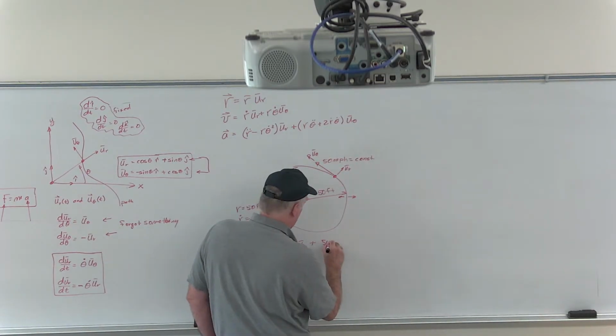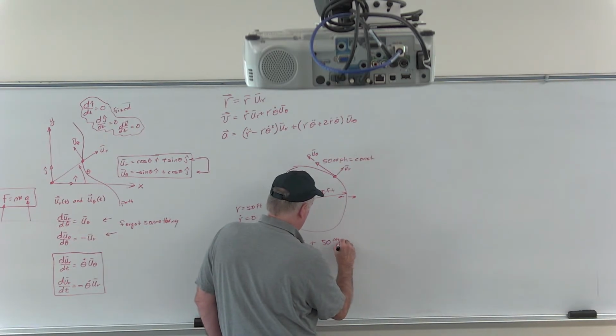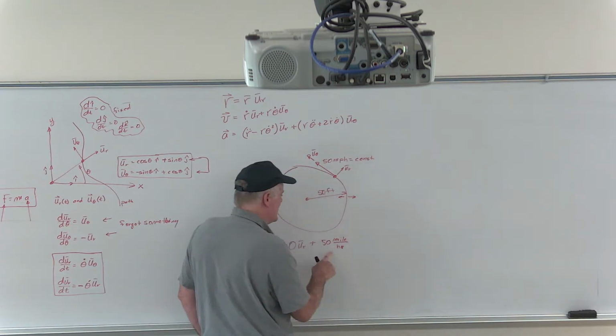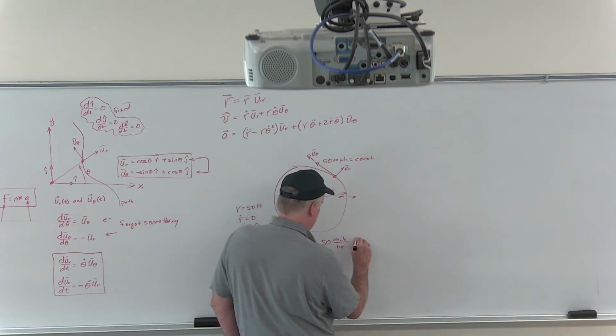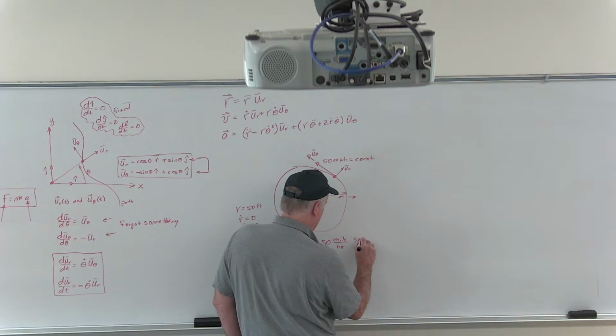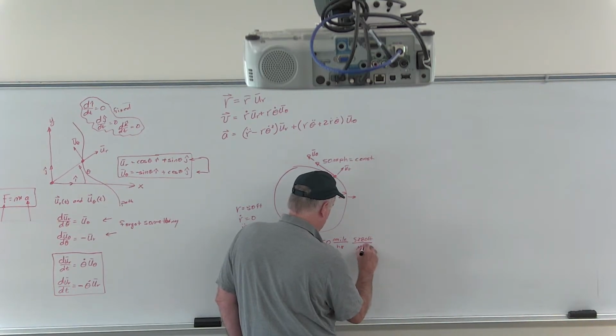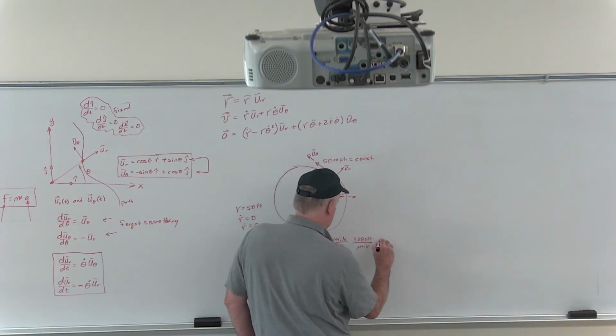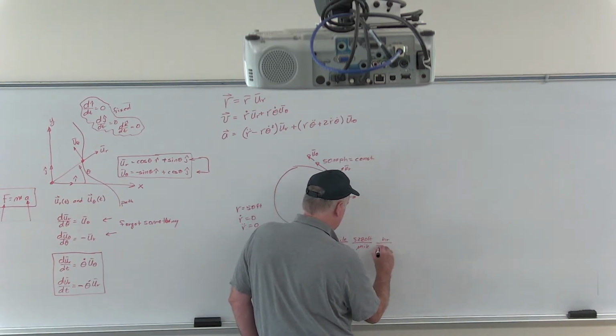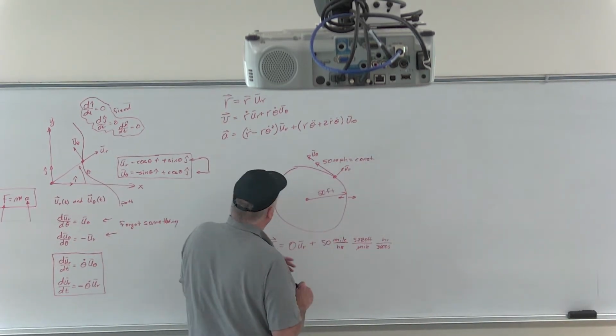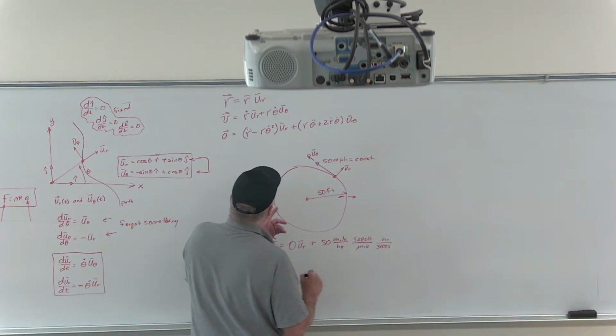So it's 50 miles per hour, but I need to convert that: 5,280 feet in a mile, and you've got an hour, and then 3,600 seconds. And then that's U theta.